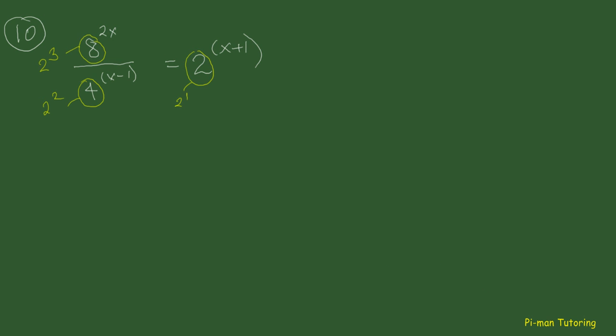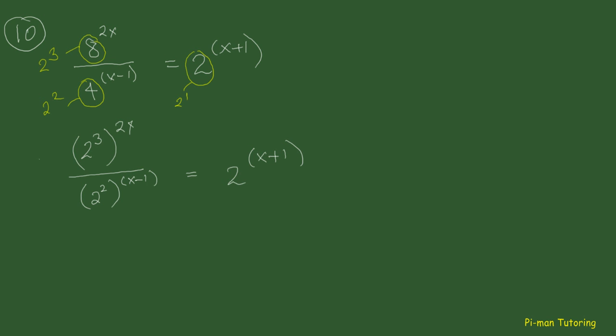So let's do that. What we've got is 2 cubed to the power of 2x divided by 2 squared to the power of x minus 1 must be equal to 2 to the x plus 1.